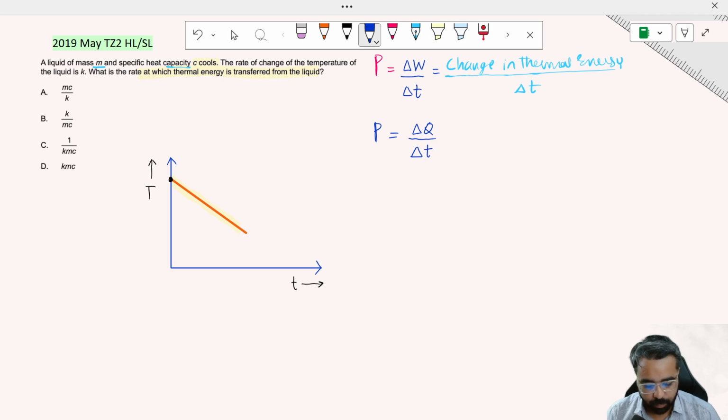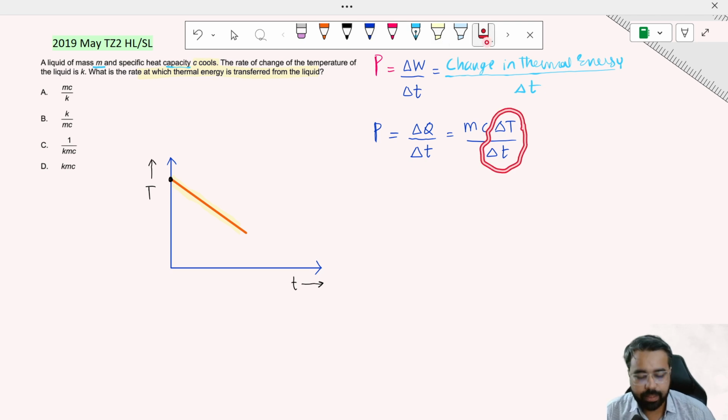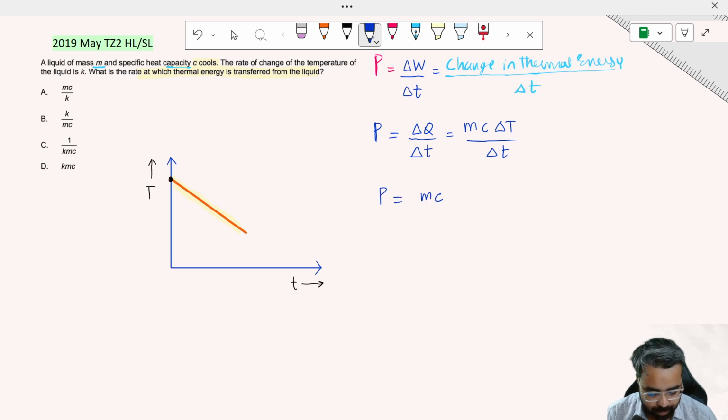Now, what is the equation of the thermal energy? That is mc delta T, over time. So can we bring these two things in one bracket? Because this is giving us the gradient of this graph, which I had already shown. So we can say that the power is equal to mc into the slope or the gradient of the graph.